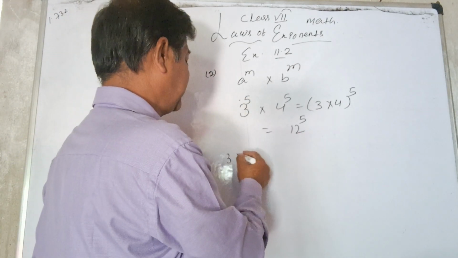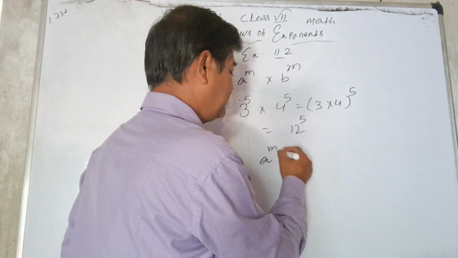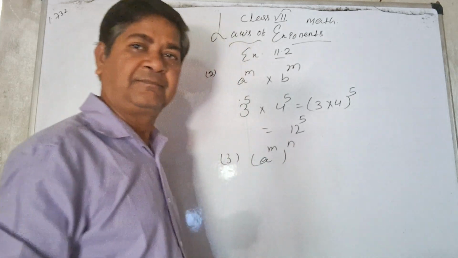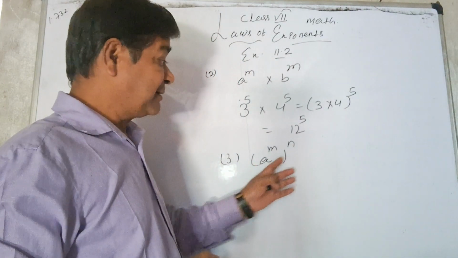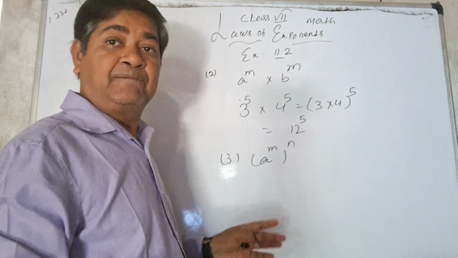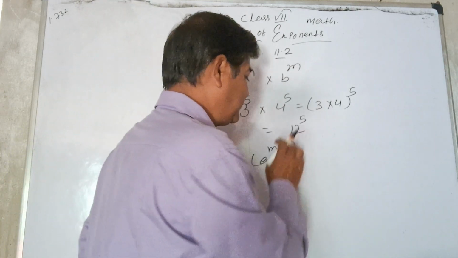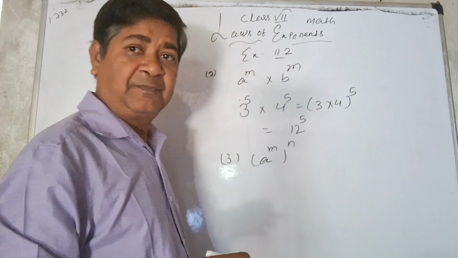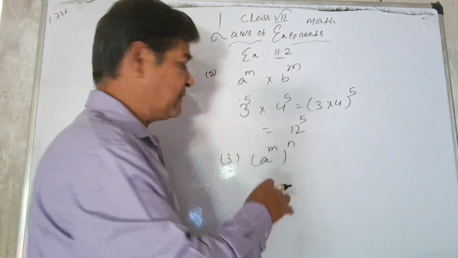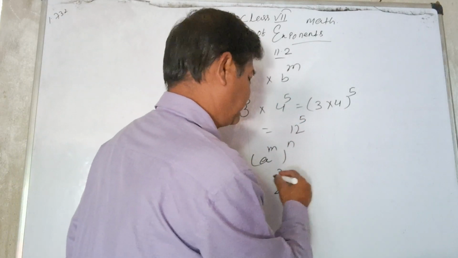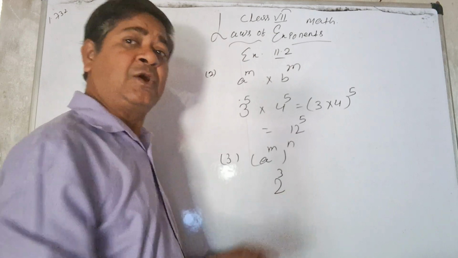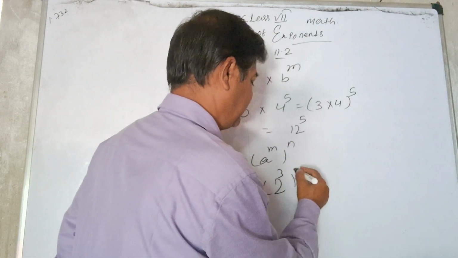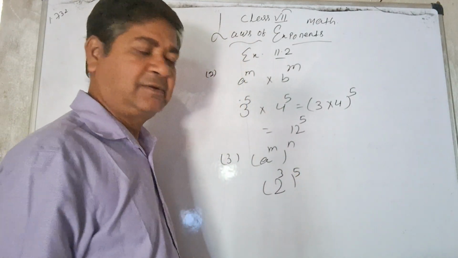Third law for multiplication: a to the power m whole to the power n. The power is different, but there is one whole power outside. Suppose 2 to the power 3 whole to the power 5. What will be the answer?